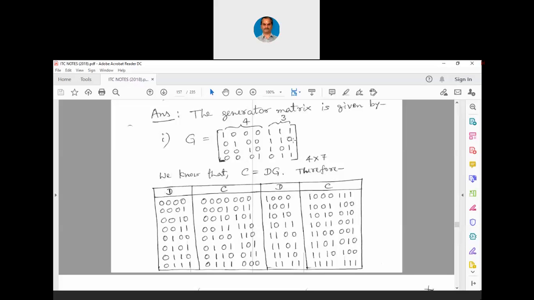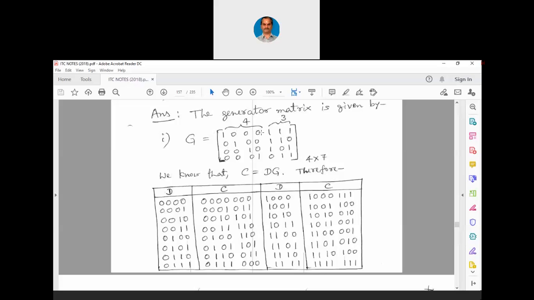It is not actually a separation of two matrices. It is actually writing all these bits in a single matrix. That is why I had put a separator there. That pipe symbol or vertical line was a separator. So we have this I_K is I4, which is 4 cross 4.